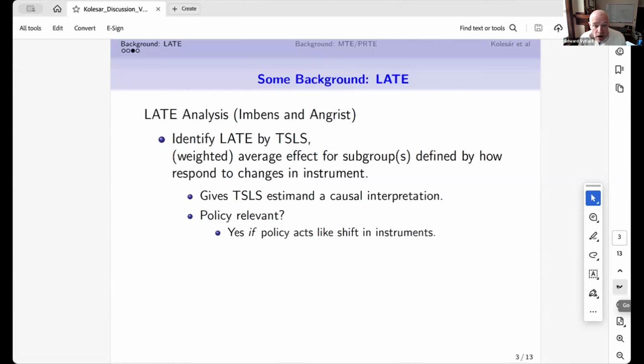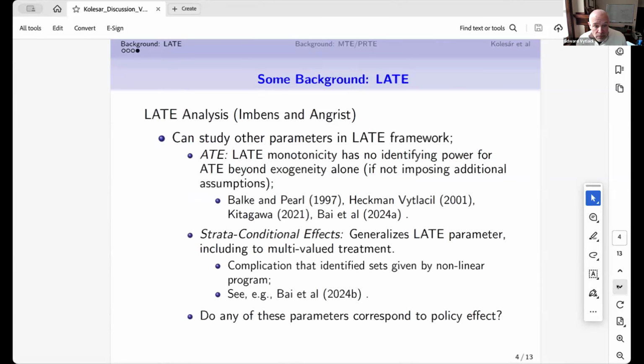Foreshadowing, of course, what we just saw, if one could define the instrument specifically to be the effect of the policy or correspond to the policy, then this would be perfect. But in general, if the instrument doesn't correspond to the policy, it still has a causal interpretation, but doesn't necessarily have a policy interpretation. Within that set of assumptions, you could ask about other parameters besides the LATE kind of parameters.